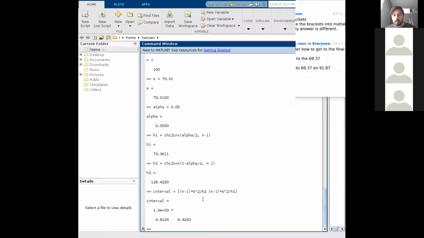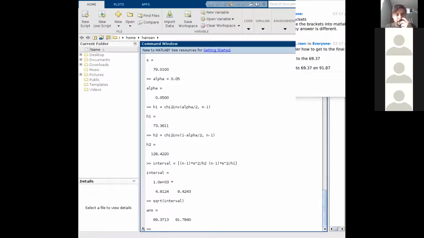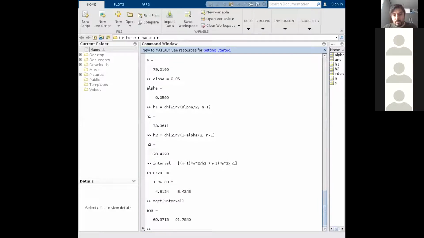So I get the interval here. That's the interval. That's 4,800 and so forth, and 8,000. And then to get to the actual standard deviation, I take the square root of the interval. So I get 69.37 and 91.78.